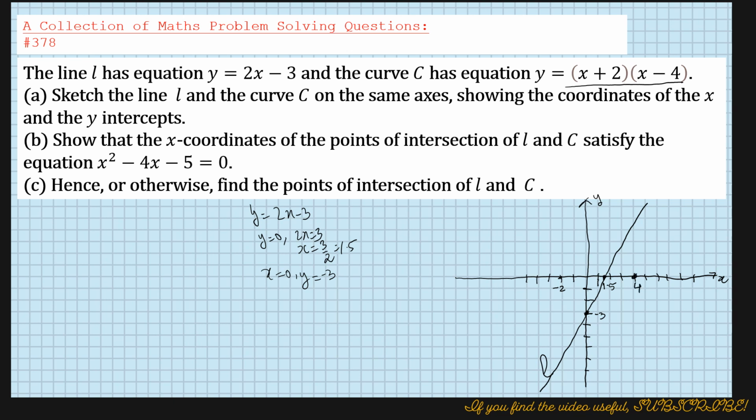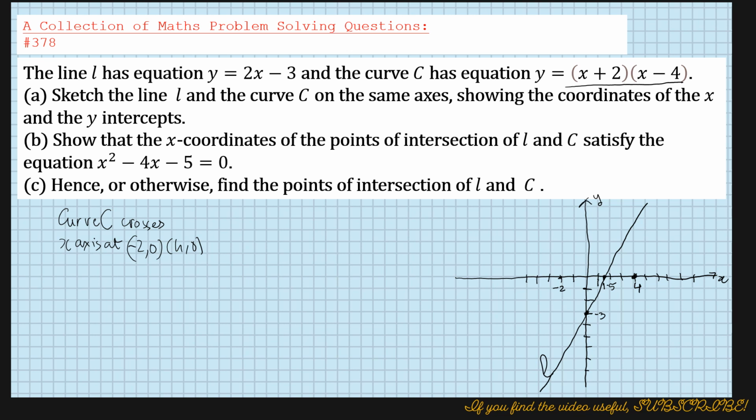So that's where the curve crosses the x-axis: curve C crosses the x-axis at minus 2, 0 and 4, 0. Those are the two points of intersection with the x-axis.